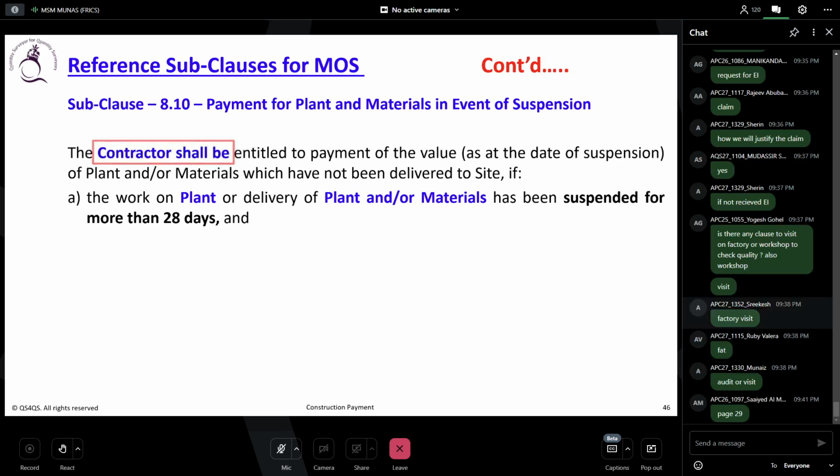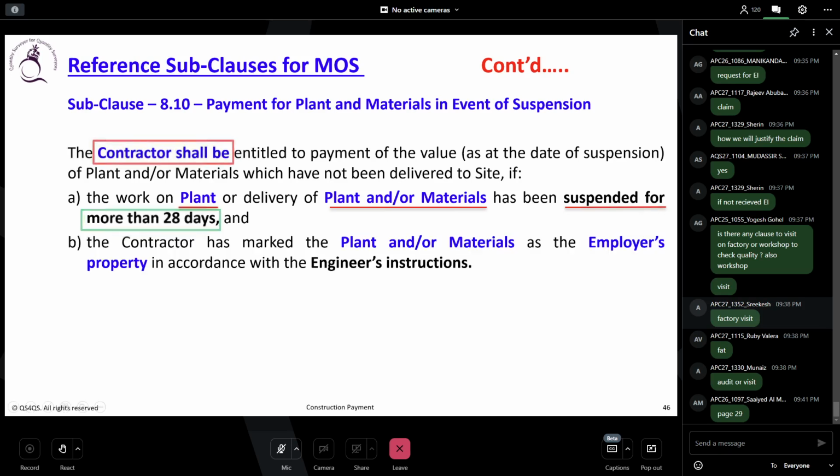That means off-site material. Okay. The work on plant or delivery of the plant and material has been suspended for more than 28 days, and the contractor has marked the plant and material as the employer's property in accordance with the engineer's instruction.